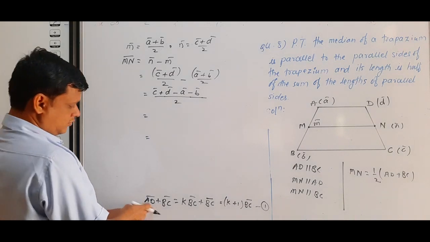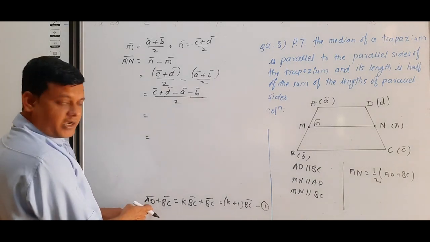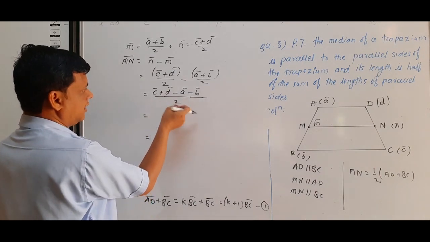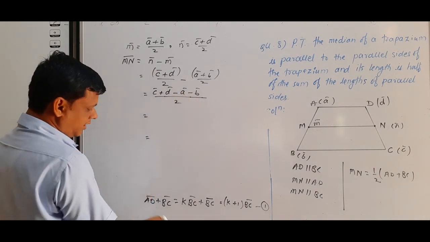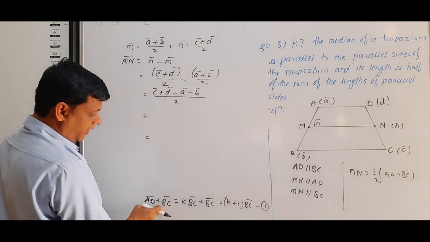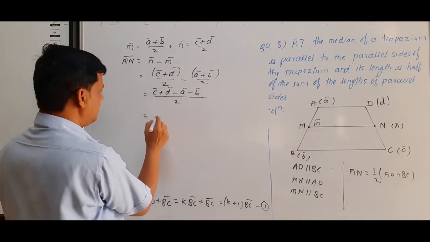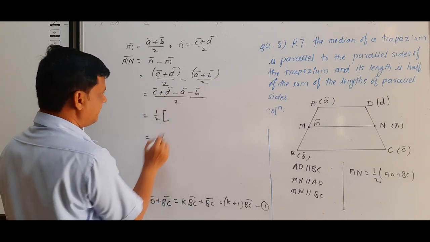So two vectors we collect as vector AD, for vector AD, so we write vector A with vector D, and vector BC. So for vector BC, we collect vector B and vector C in one bracket. So we write here 1 by 2 common.